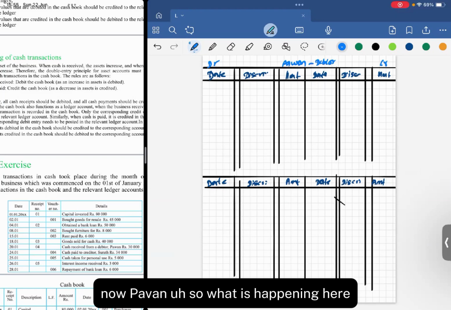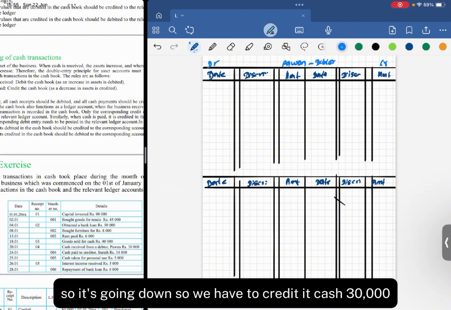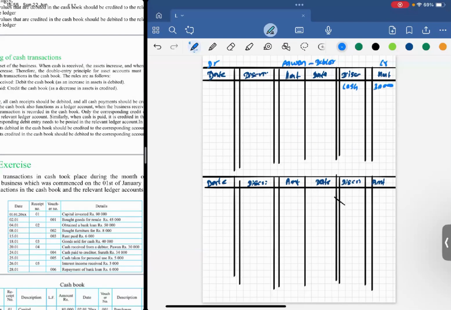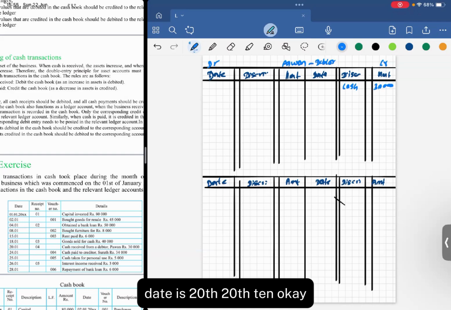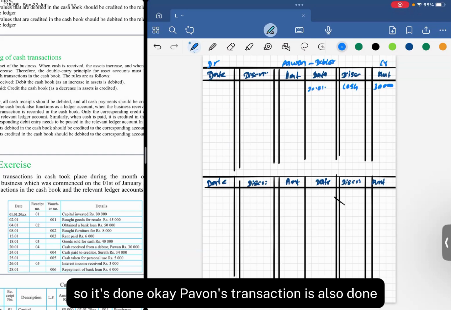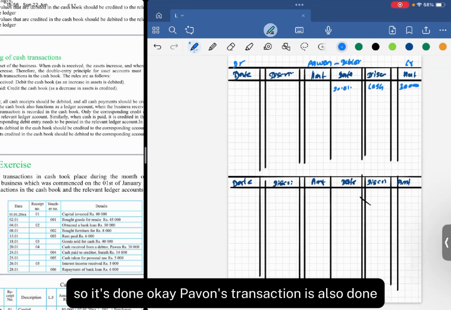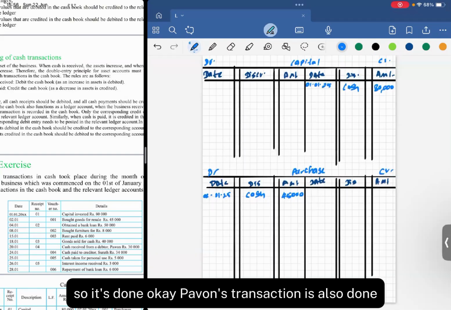Now Pawan, what is happening here? Cash received from Pawan, 30,000. It's going down, so we have to credit it. Cash 30,000. Date is 20th Jan. Okay, Pawan's transaction is also done.